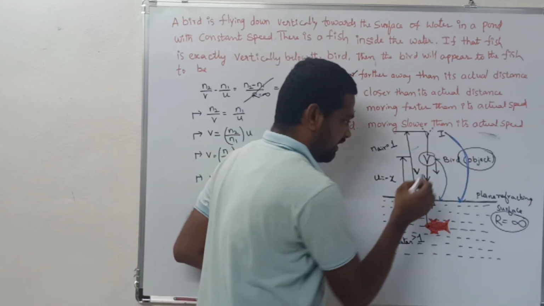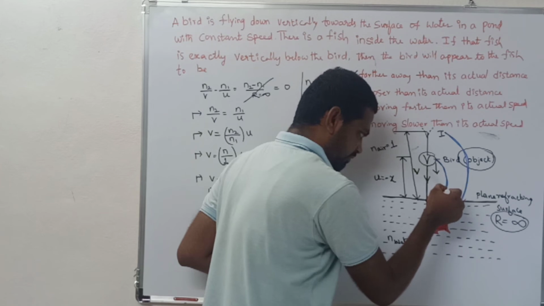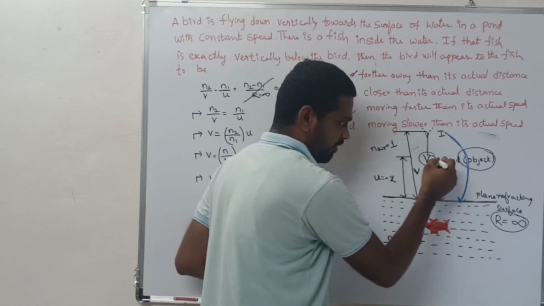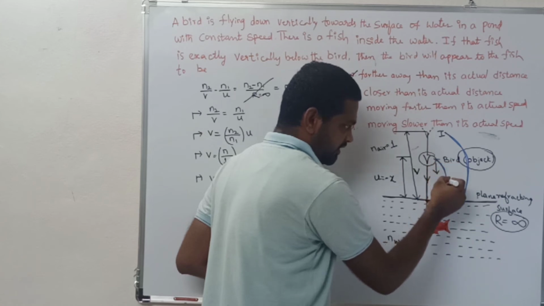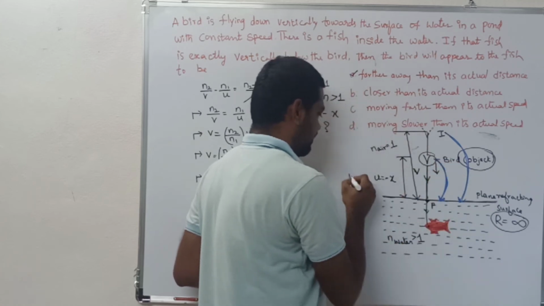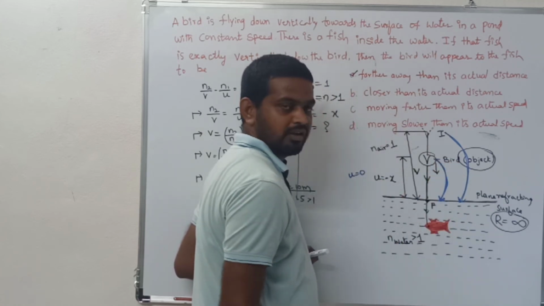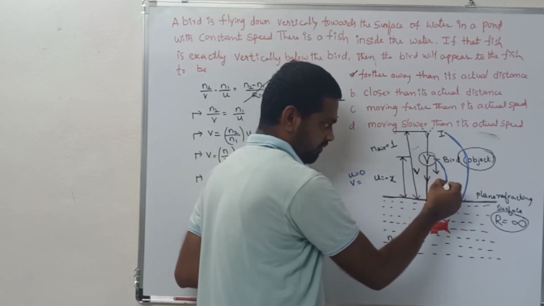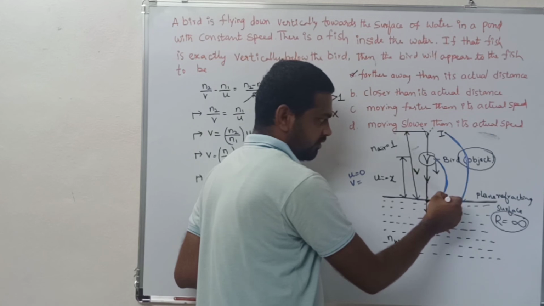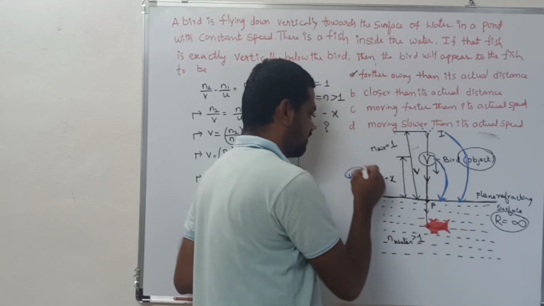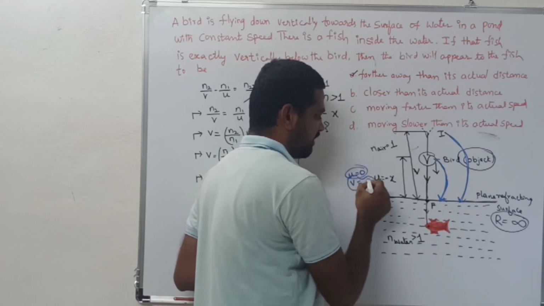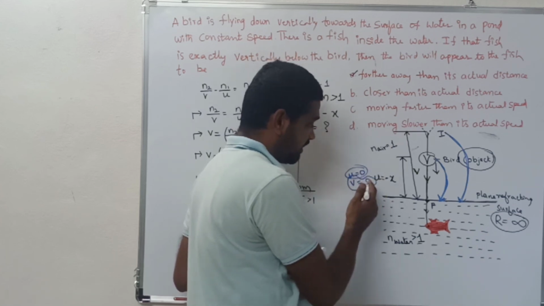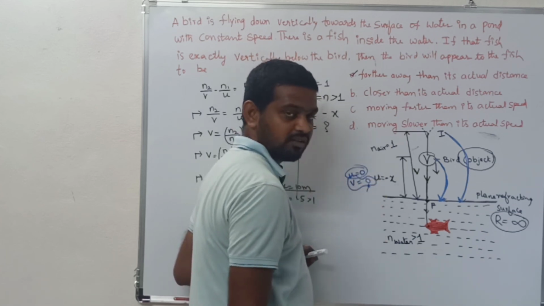Once again, if the bird is moved from its actual position towards the pond, then the object distance will become 0. At that condition, the image distance will also be equal to 0.